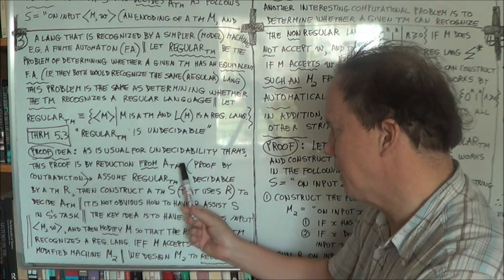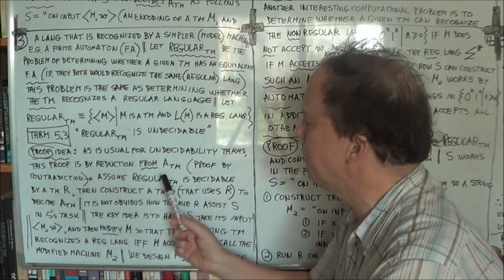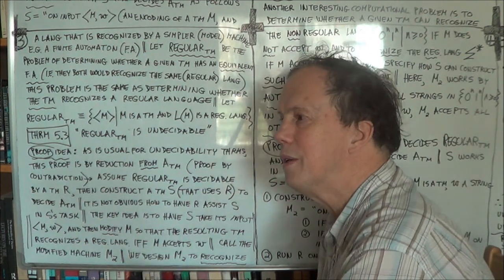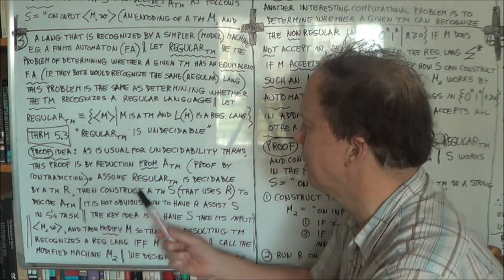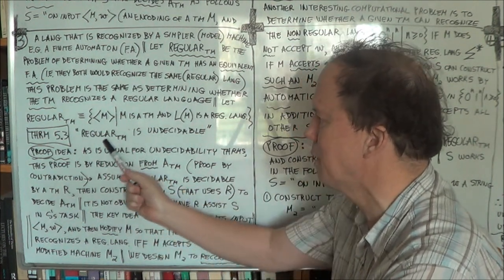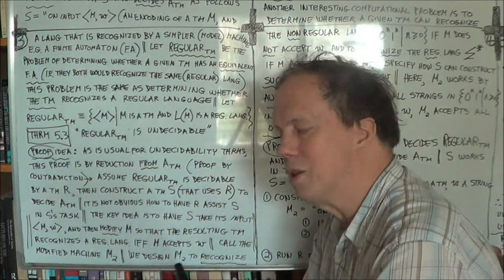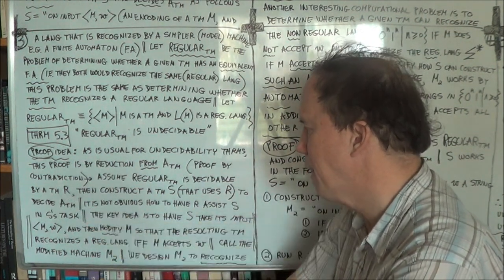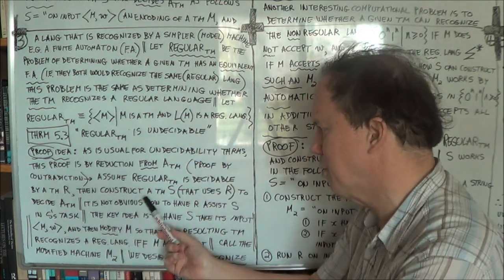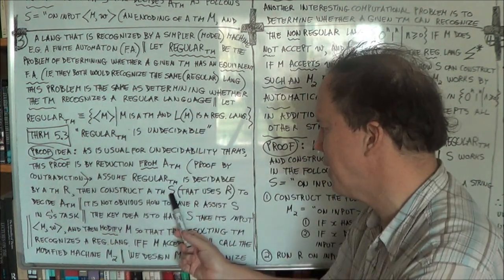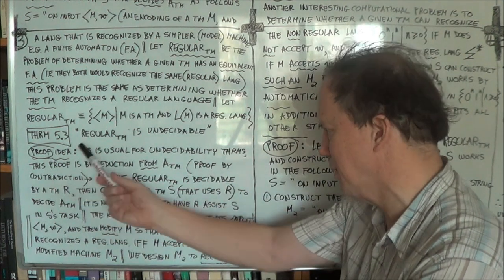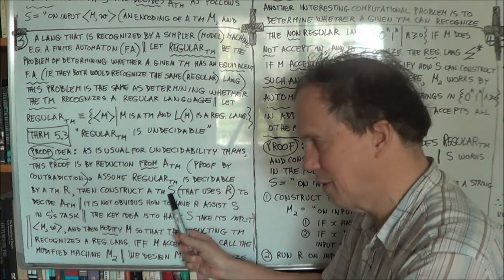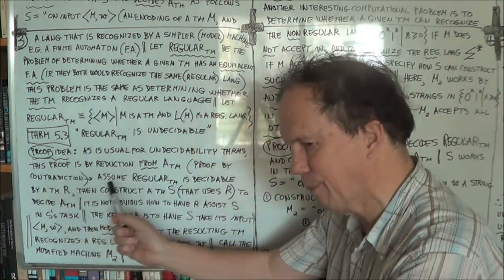Okay, so the usual thing. Broadly, proof by contradiction, as usual. We assume that this language is decidable, and therefore there's a Turing machine that decides it. We'll call it R, as usual. And just as before, we'll construct a larger Turing machine called S that uses R. The job of this larger Turing machine S will be to decide ATM.